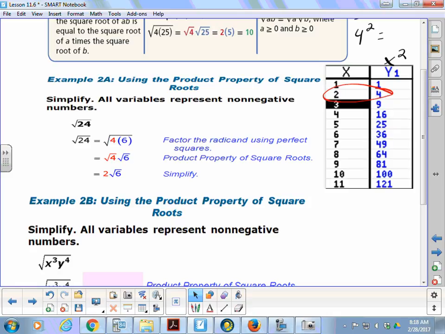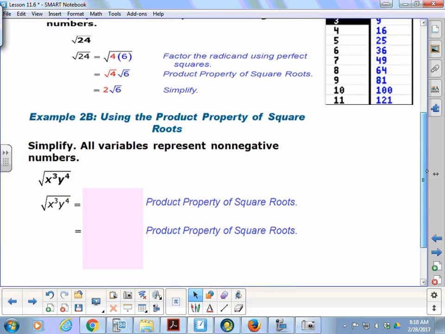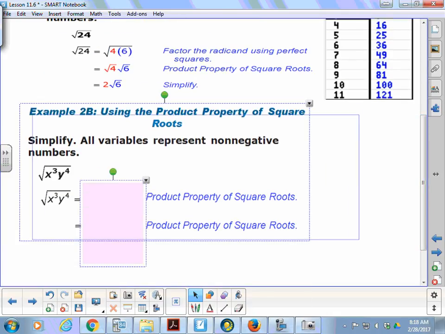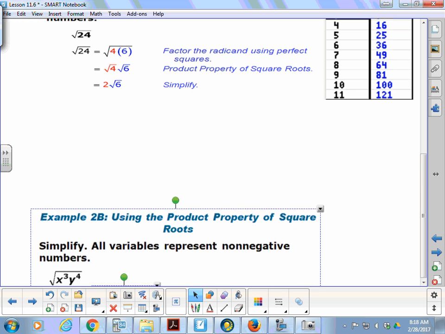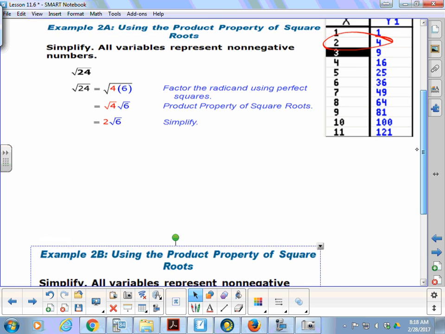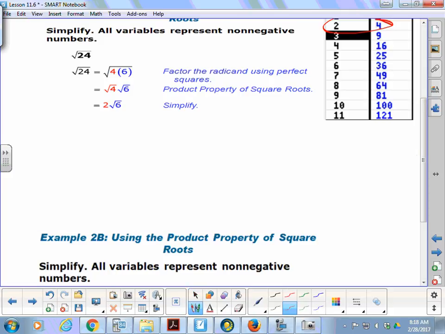So before we do the one with variables, let's do another one of these. Say the square root of 98.